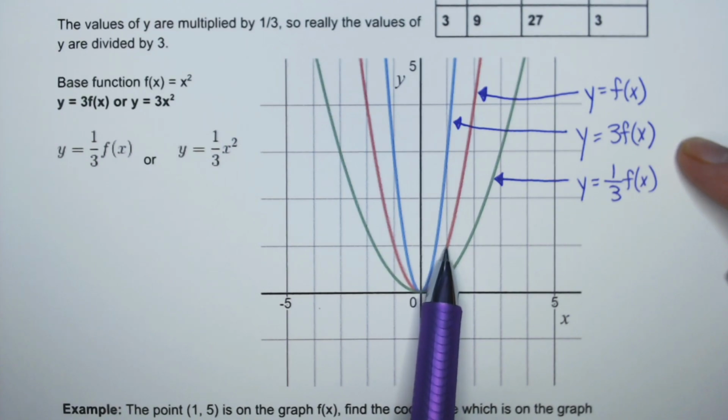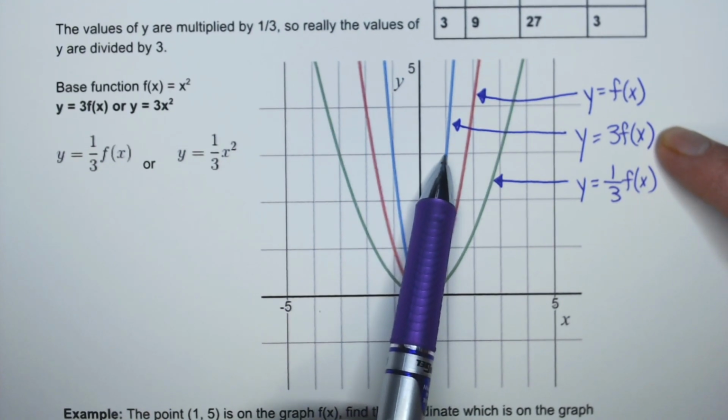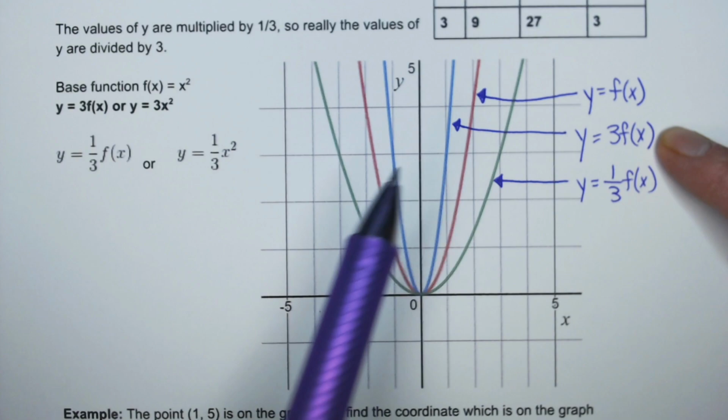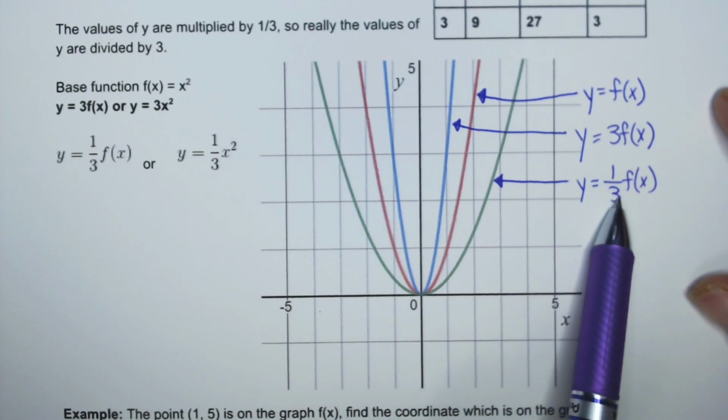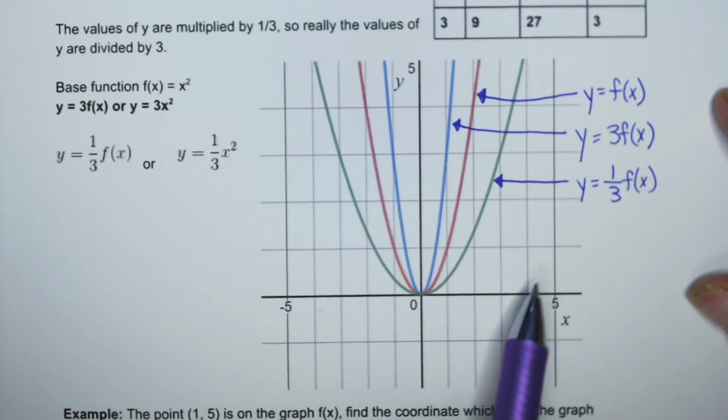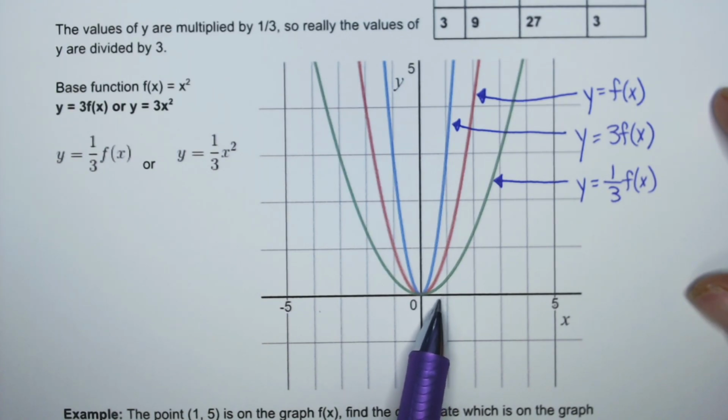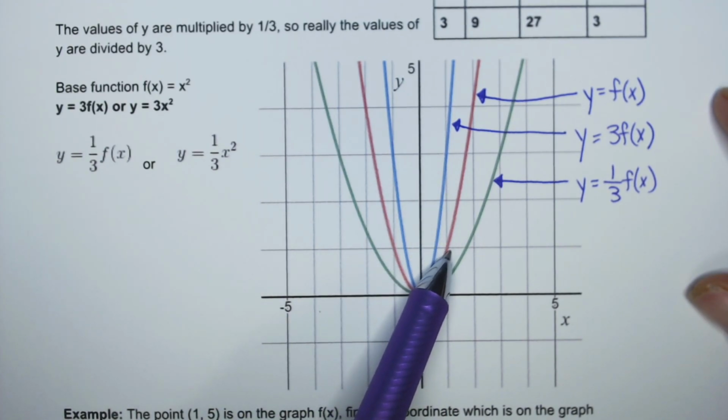So for example, here we have coordinate 1, 1 on our graph. On the y equals 3f of x graph, that coordinate is 1, 3, right there, as shown in your table as well. Now, on the y equals 1/3 f of x, all the y values are going to be 1/3 of what they used to be. So we take that same coordinate again, 1, 1.